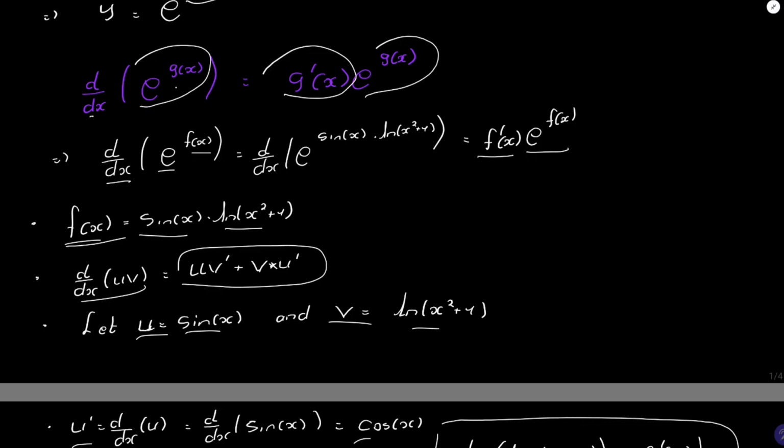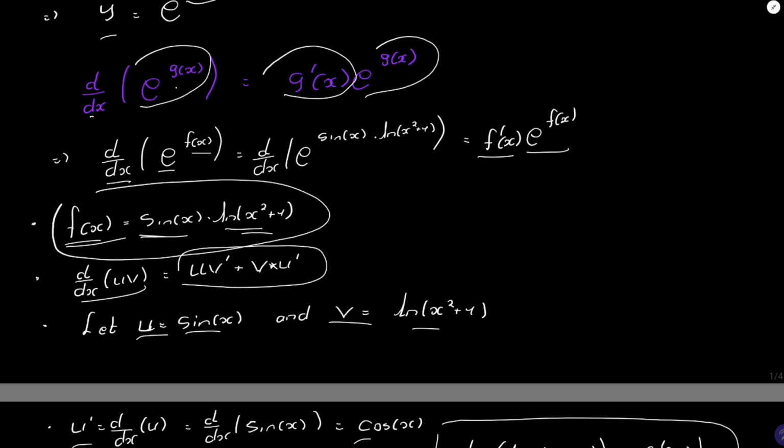Now this f prime of x was noted to be the derivative of the product of two different functions, sine x and ln of x squared plus 1, and this derivative, f prime of x, is what we have just found. So in order to calculate the initial derivative for our function y, we need to substitute f prime of x into this initial function.